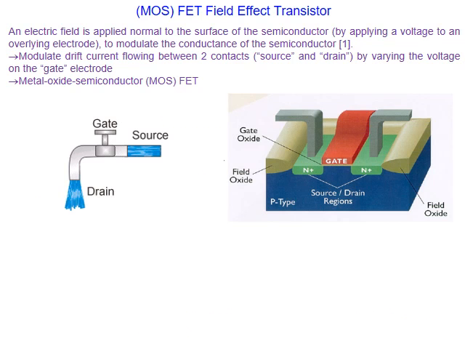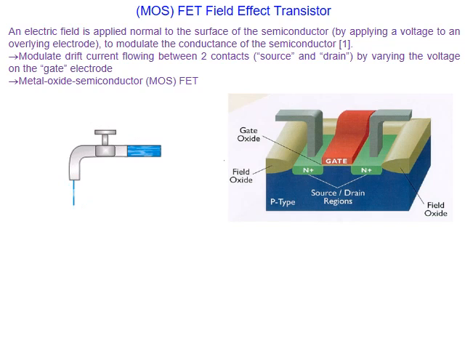Now, just to remind you, with the BJT we controlled the base current. It is a three-terminal device, collector, base, emitter, and we control the base current to control the output current and voltage. Now, in the MOSFET or field effect transistor, it's not a current control device, it's a voltage control device.